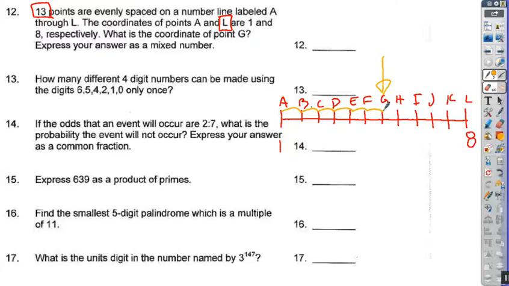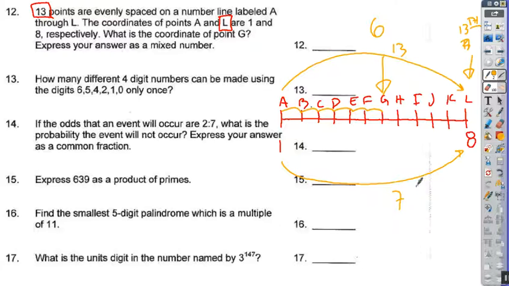So right now I know that G is 6 of this distance from A. And I'm also pretending that this is the 13th space. And in those 13 spaces, I have traveled, so here's my 13 spaces, I have traveled 7 numbers.